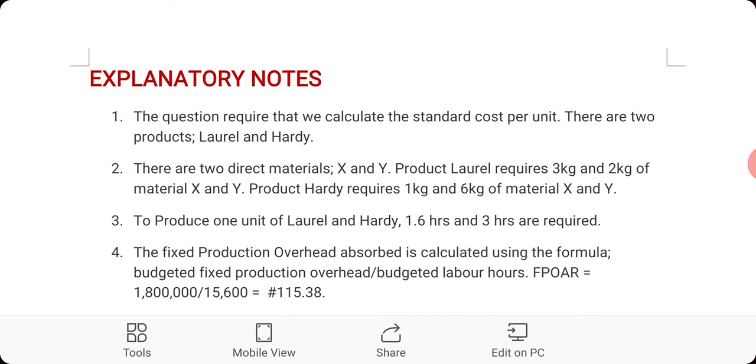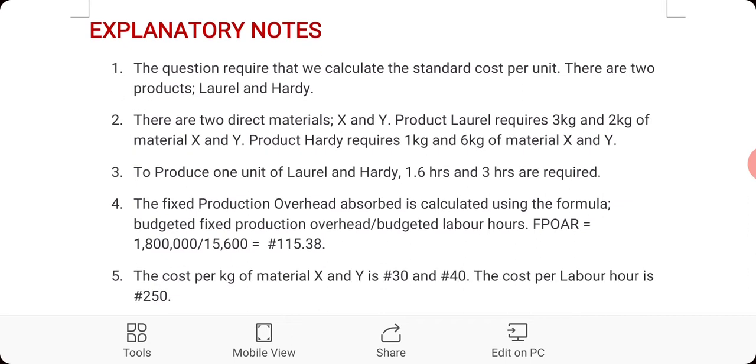There are two direct materials, X and Y. Product Laura requires 3 kg and 2 kg of material X and Y. Product Hardy requires 1 kg and 6 kg of material X and Y. So all these explanations were given. Then in step 4, I calculated the fixed production overhead absorption rate.